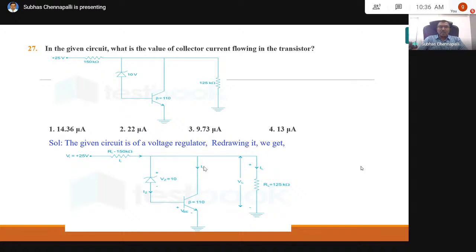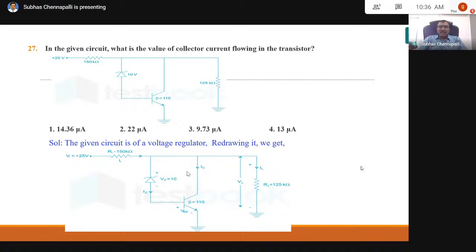Now I want to make one point very clear: the total current flowing through this resistance, that is I1, we apply KCL here, I1 is equal to IZ plus IC plus IL.